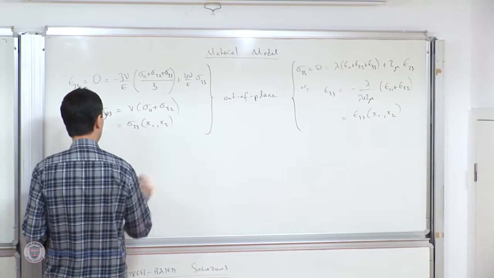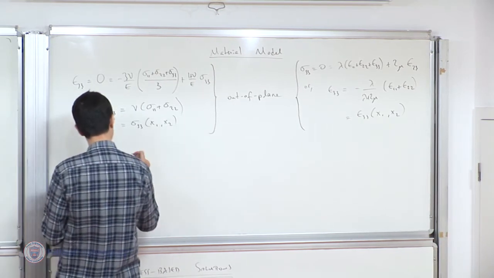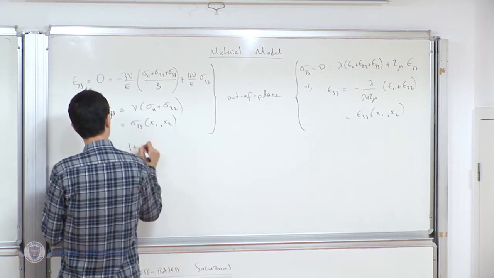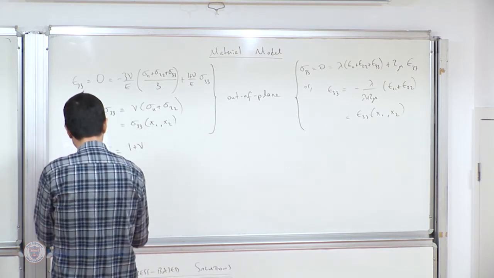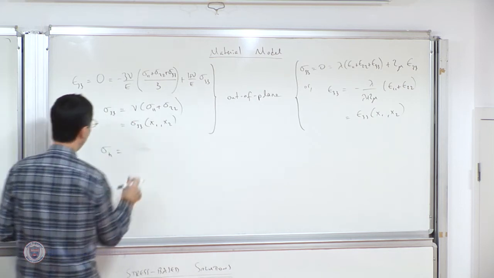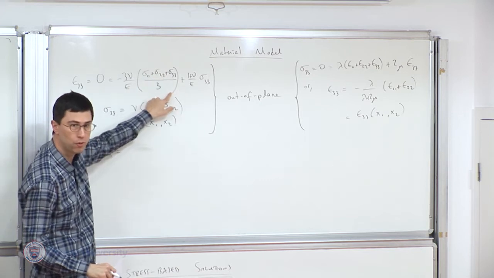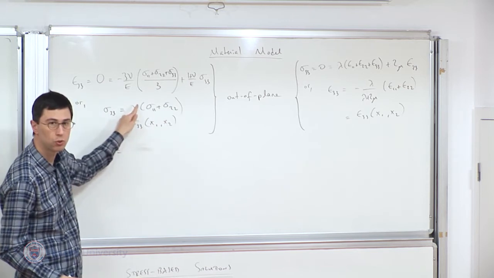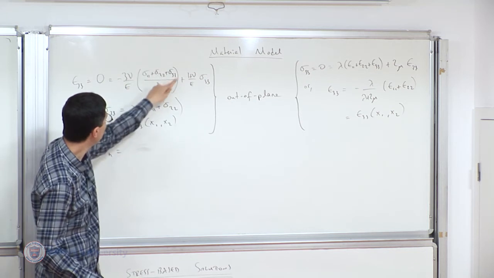So how about the in-plane components? So for the in-plane components, let's observe the hydrostatic stress is eventually equal to the sum of the, so the hydrostatic stress is 1,1 plus 2,2 plus 3,3 over 3. But now I have 3,3 expressed in terms of 1,1 and 2,2, right? So I can plug that expression in there. This is my sigma h.